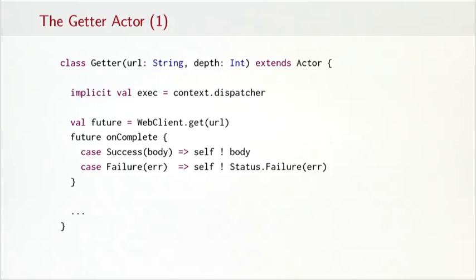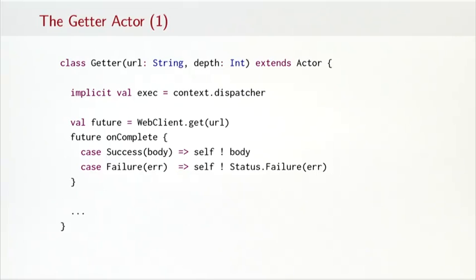With these preparations, we can write our first actor. This is the getter, which gets the URL to visit and the depth at which this is currently happening. The first thing that this actor needs to do is go to the web using the web client and fetch the URL. This gives us back a future as we have programmed, and when this future completes, it can either be successful or a failure.